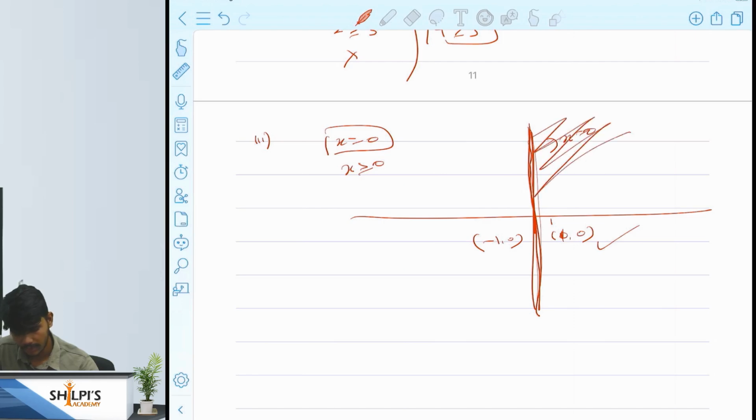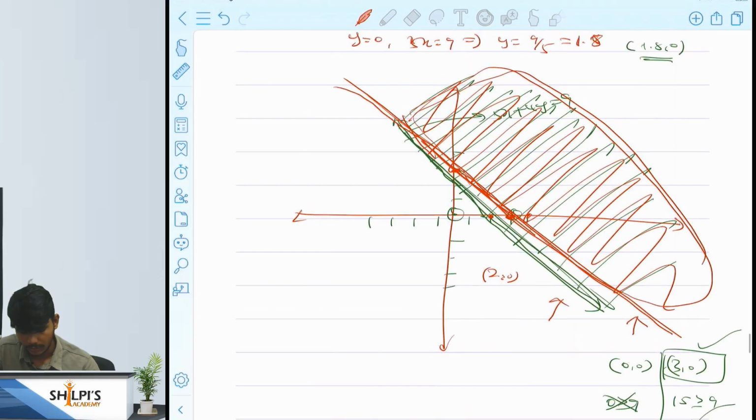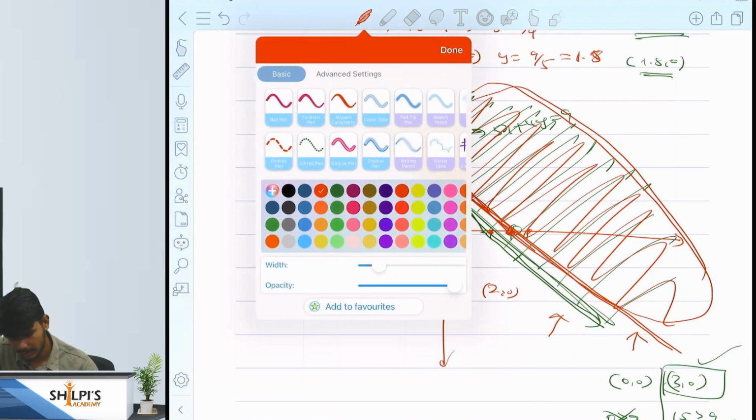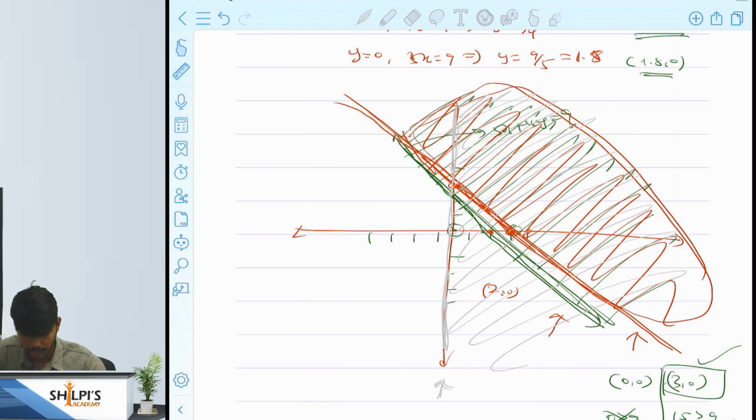So for this I will have the region on the right hand side. So if you shade this in this particular graph, this will be x equal to 0, and I shade this as x greater than or equal to 0.